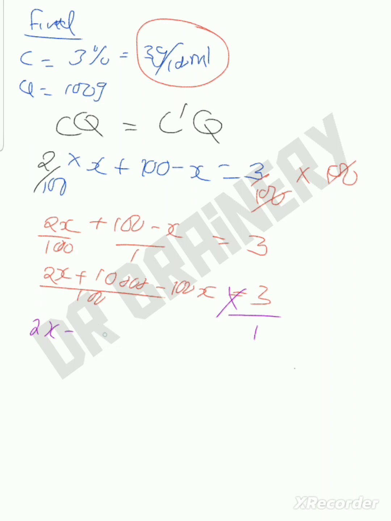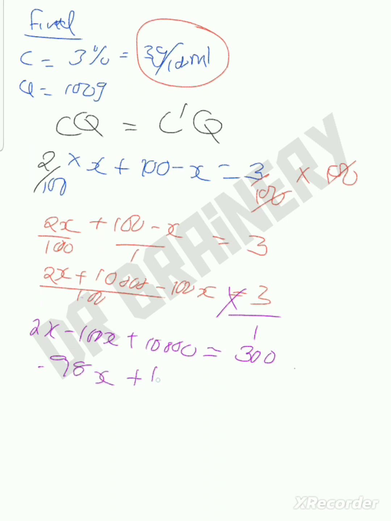Then I can collect the like terms: 2X minus 100X, plus the 10,000 is equal to 300.